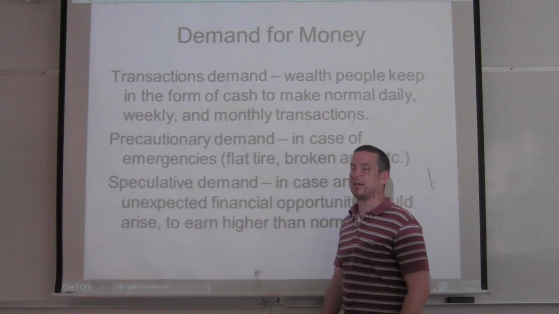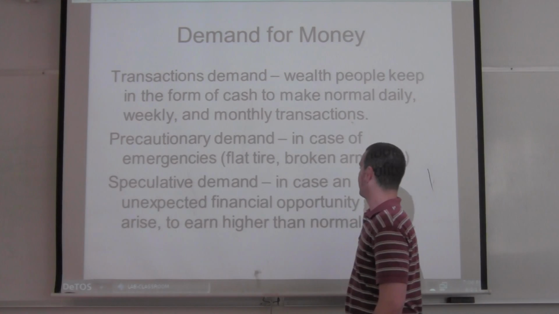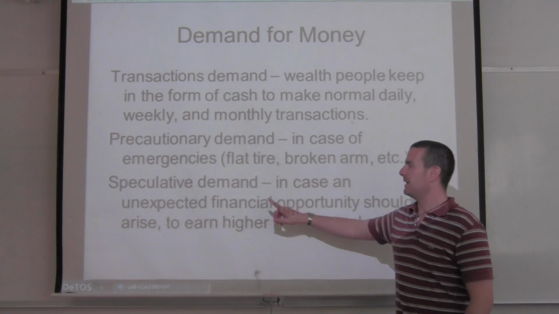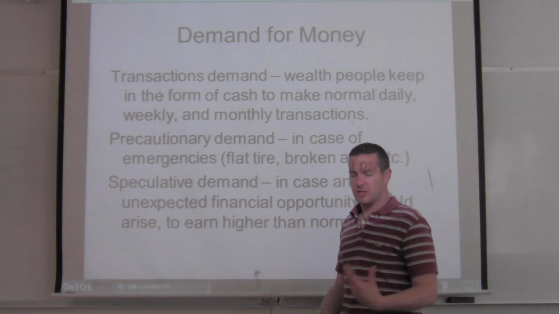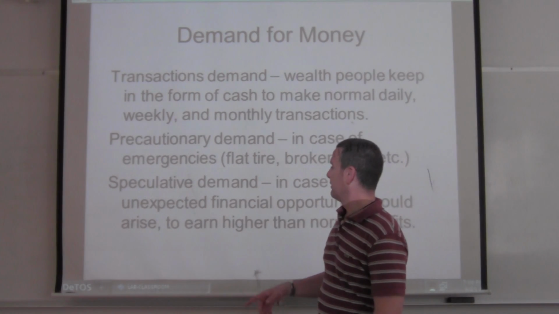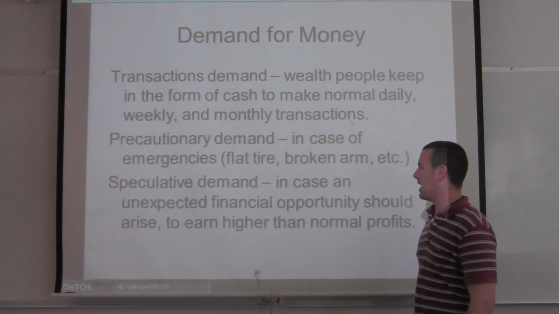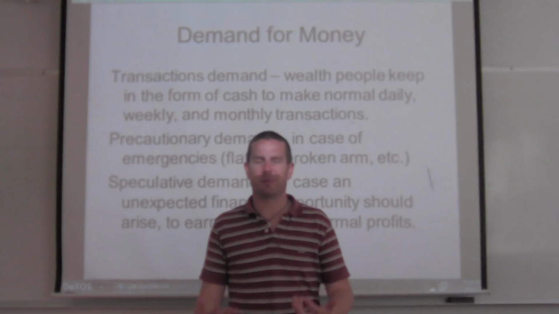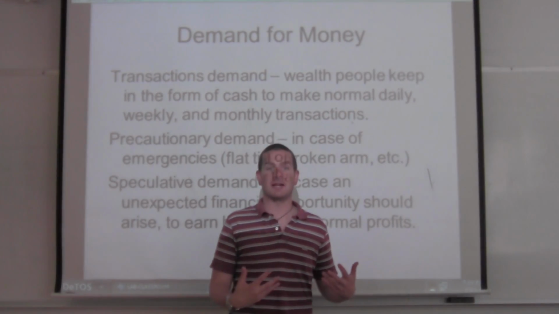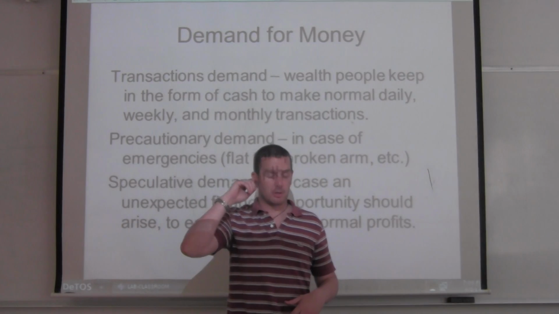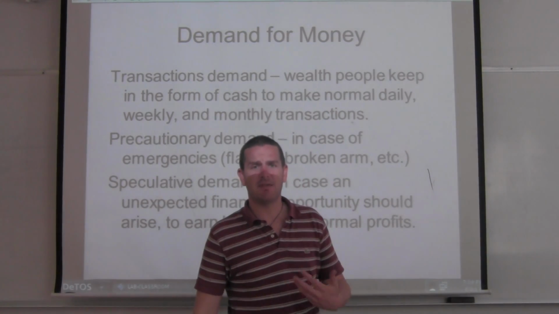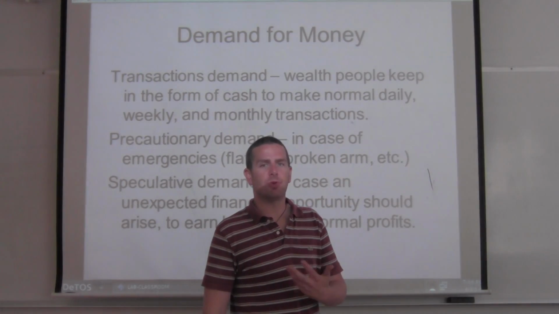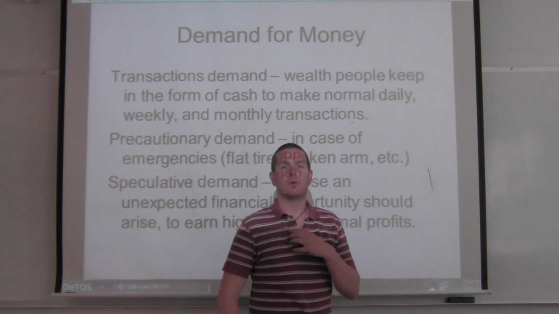Third, you have a speculative demand. For the speculative demand, you keep some cash on hand for an unexpected financial opportunity. This doesn't really apply to most of the working class, but some rich people or entrepreneurs keep money on hand. Why?